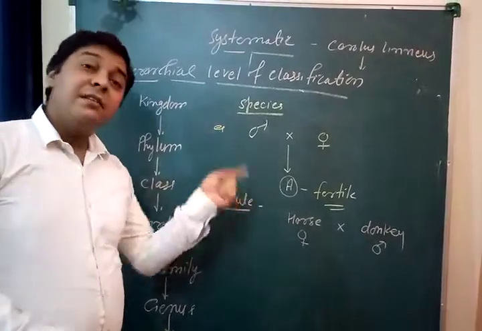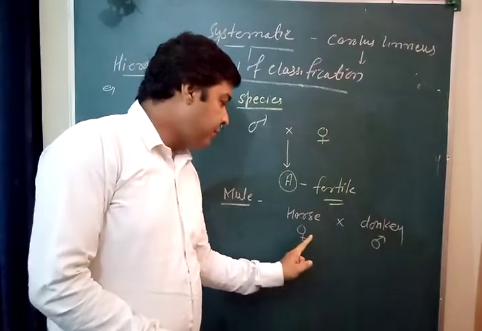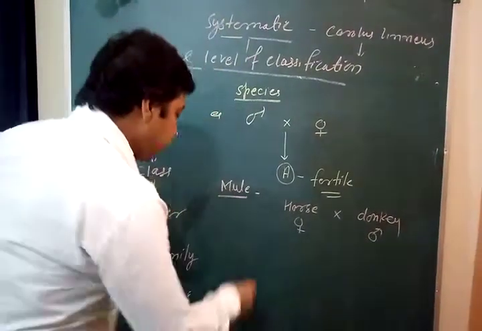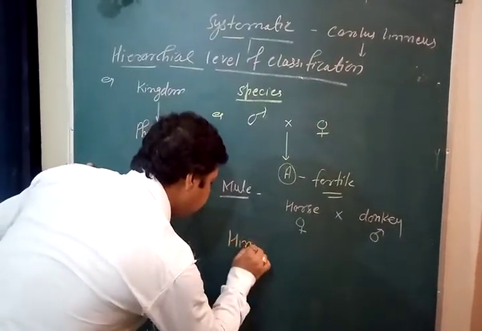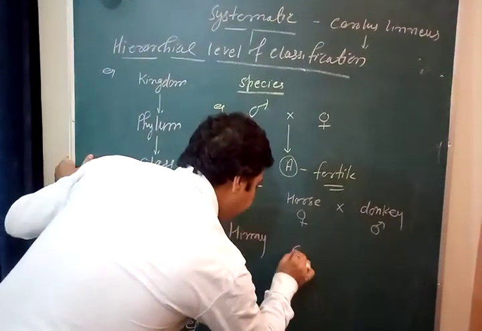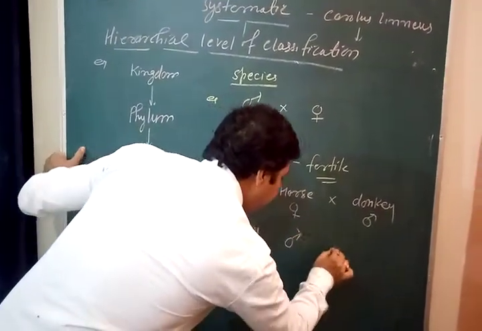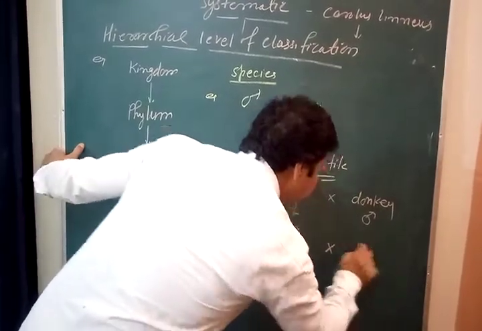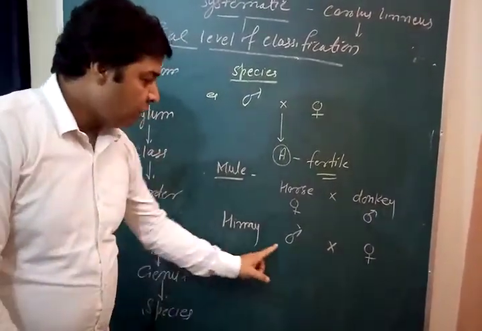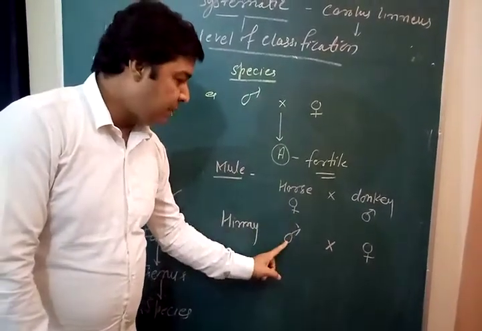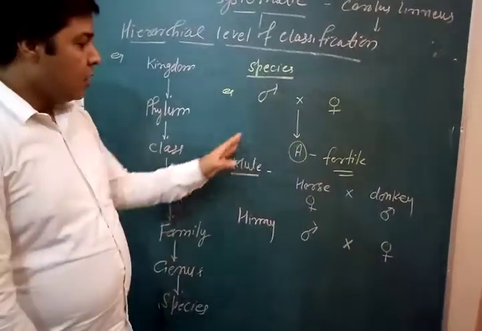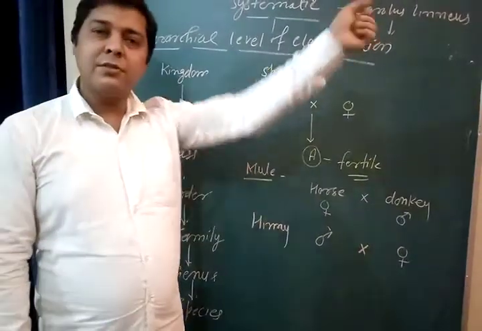Mule is the resultant of the crossbreeding of female horse and male donkey. Hinny is another example. Here the horse would be male but donkey would be female. This is the opposite case. Hinny is the resultant of crossbreeding between male horse and female donkey. This is clear. So this is about species.